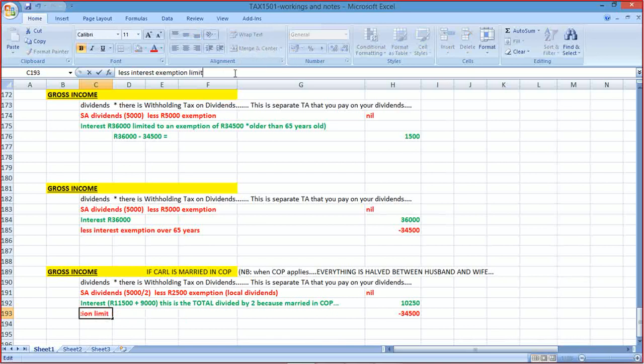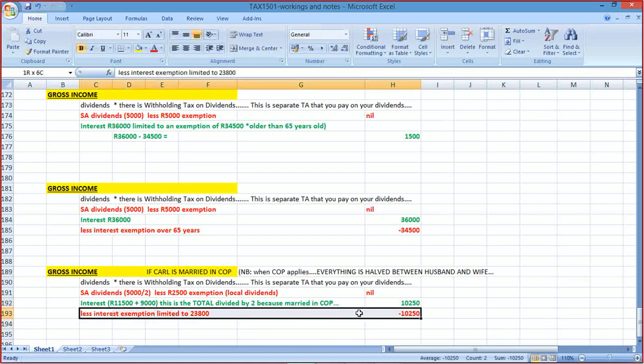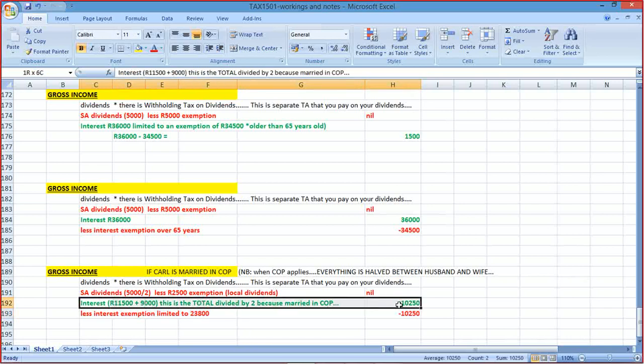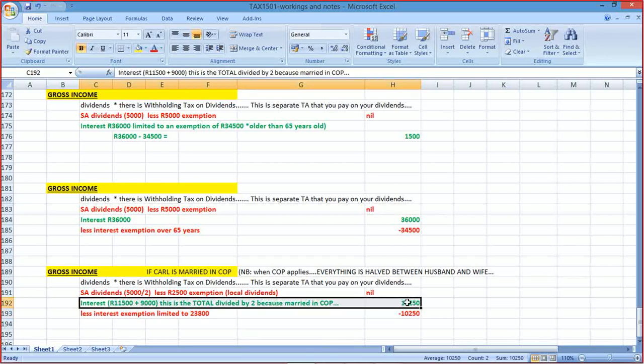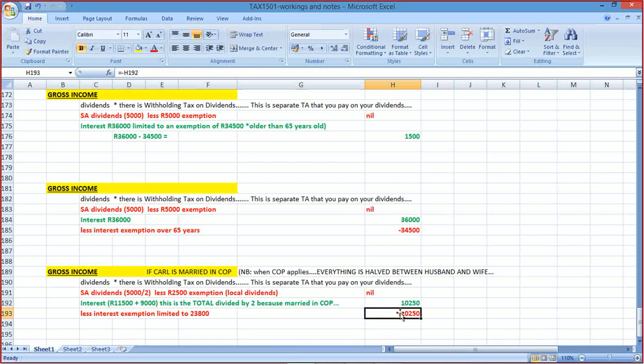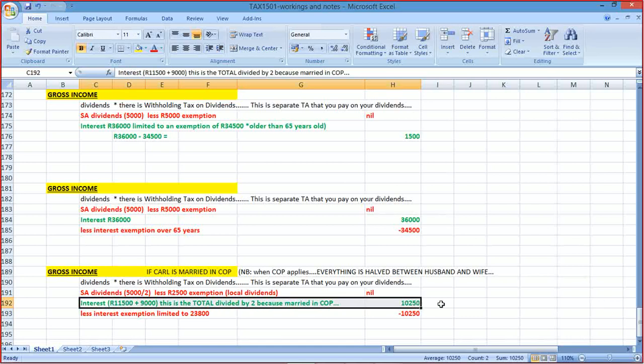He is under the age of 65 in this example. He's 40 years old, so he only would receive 23,800. Less interest exemption limited to 23,800. So he would only be allowed to deduct that amount, negative 10,250. You don't get the full exemption. The exemption is available to be used, but if he doesn't earn the full amount, he doesn't claim the full amount.